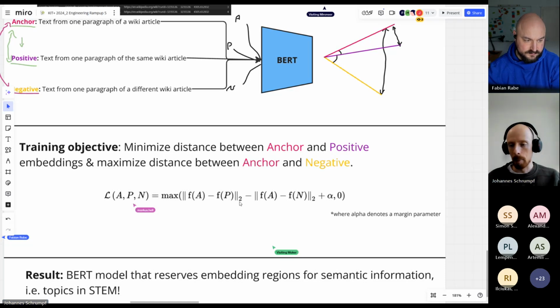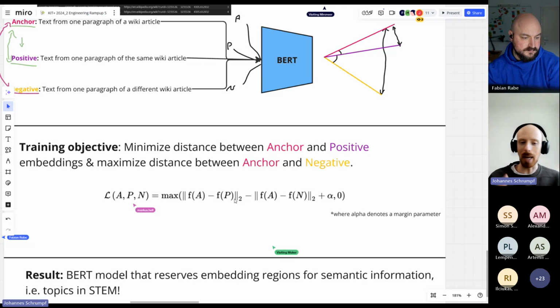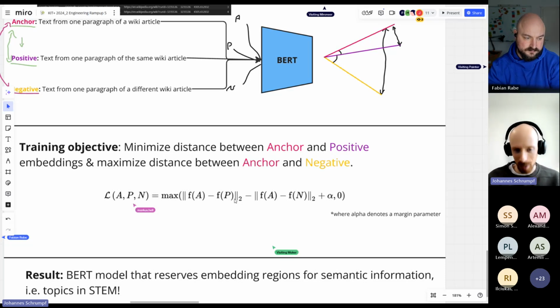What does Euclidean distance mean? It just means the direct line between two points is the Euclidean distance. But because we are operating within highly dimensional vector spaces, it's not a 3D distance, but an n-dimensional distance.